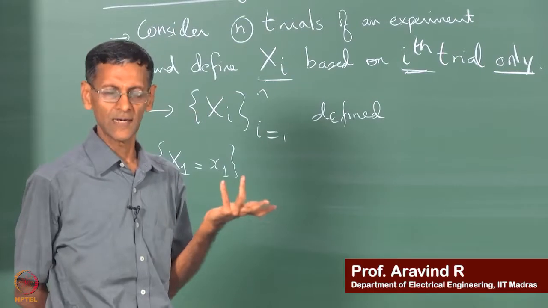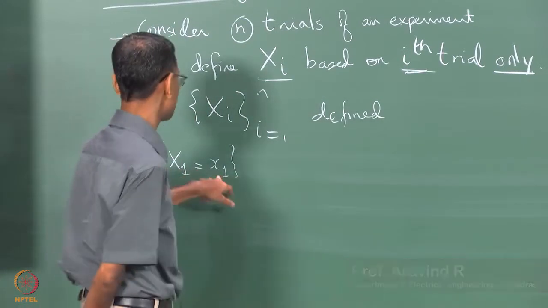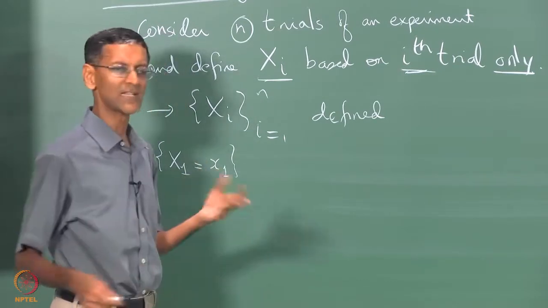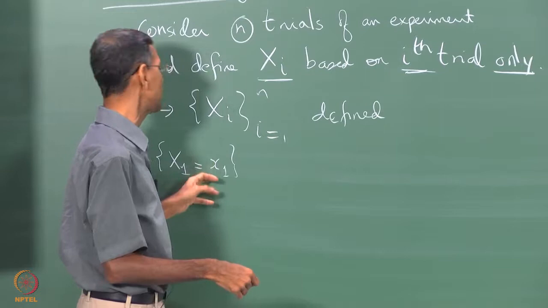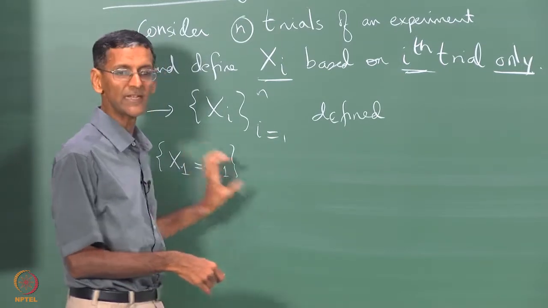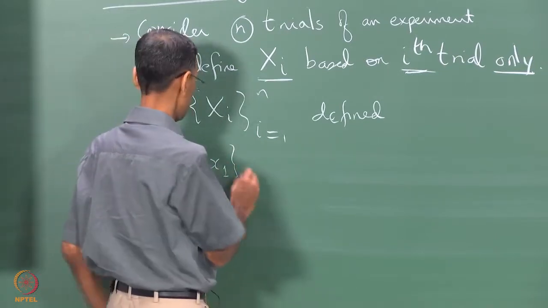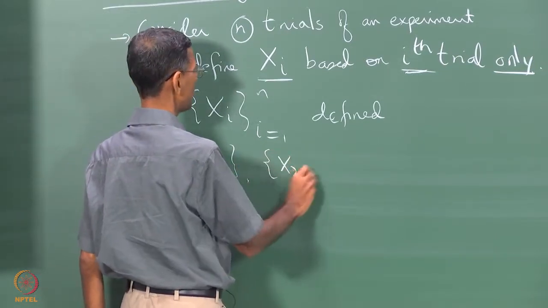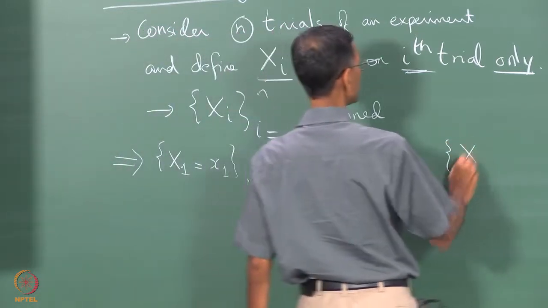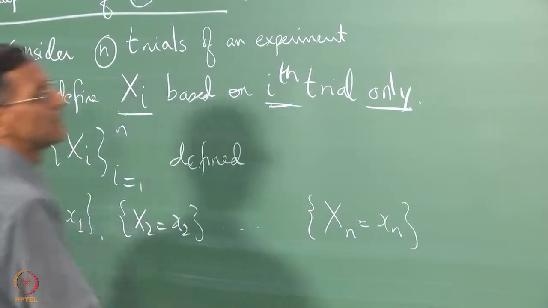But that way I don't get enough letters. So the normal thing to do is index these things, and just to keep the confusion as small as possible, we repeat the X, but write it as lowercase x here for the values that they take, right? That's what we've always been doing. So we have these events X2 equal to x2. So these n events, these are all independent.